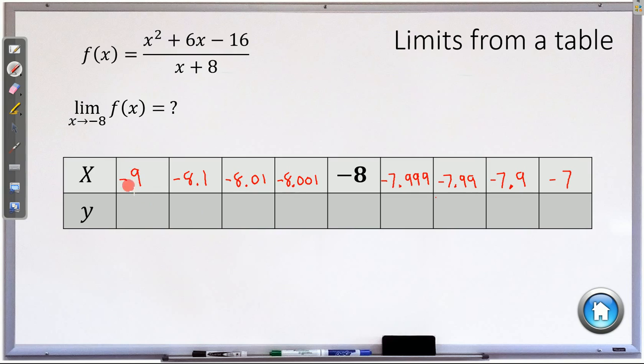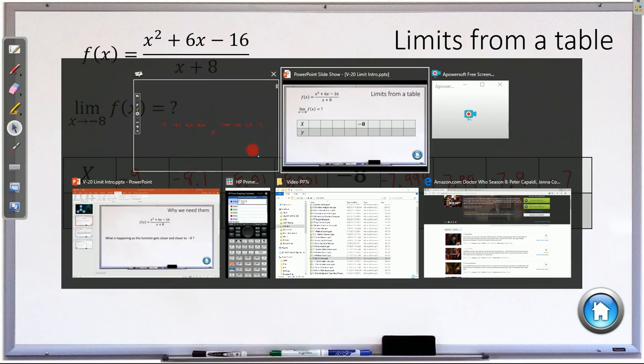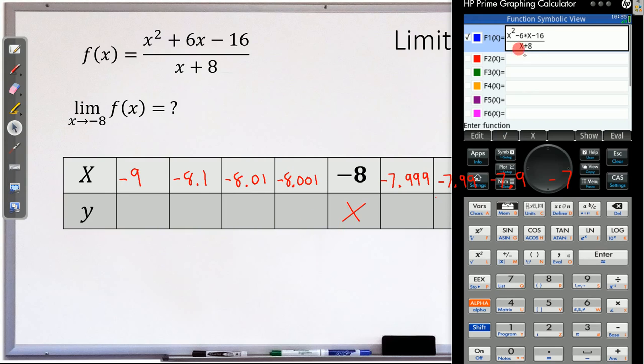Those are the x values we're going to look at because we can plug in all of these numbers. We just can't plug in that number. So we're going to type those into our calculator and see what it gives us. I think my equation is slightly wrong here. I'll just do it from the beginning.